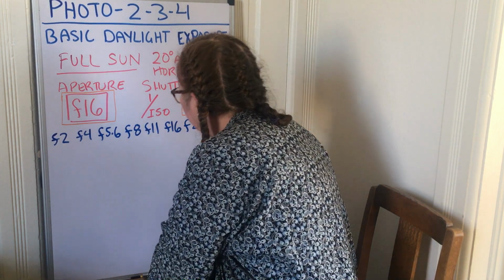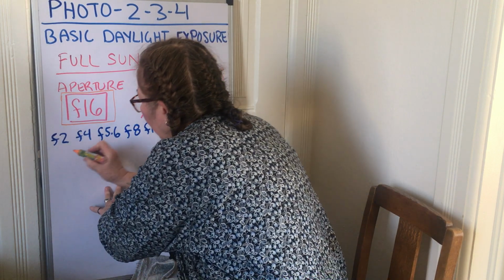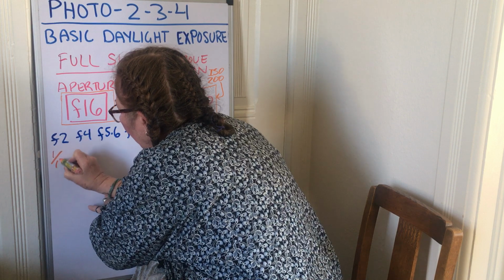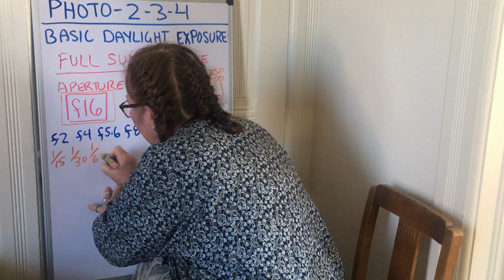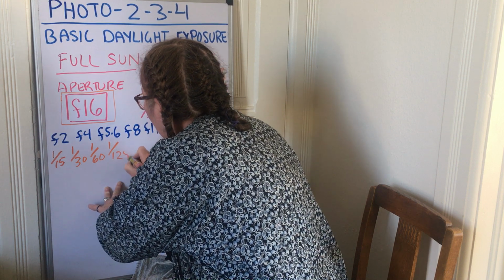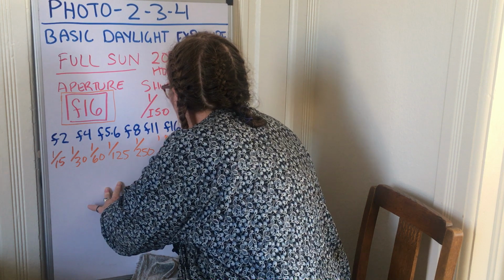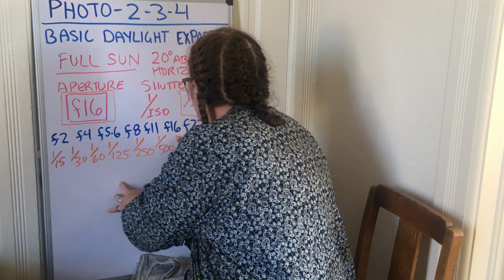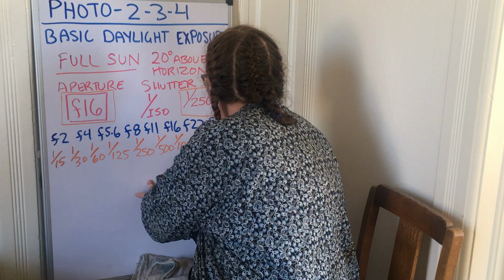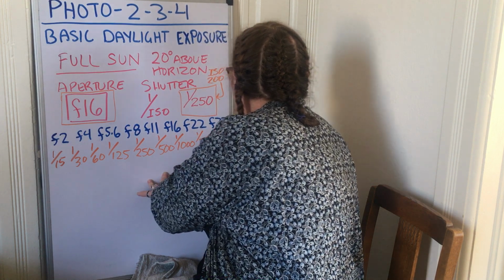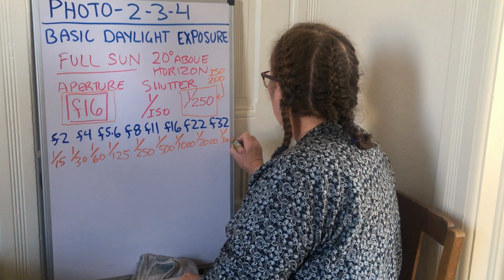And for your shutter speeds, right, we've got 1/15, 1/30th of a second, 1/60th, 1/125th, 1/250th, 1/500th, 1/1000th, 1/2000th, right, etc. It could go up to 1/3000th, or even much higher, right?